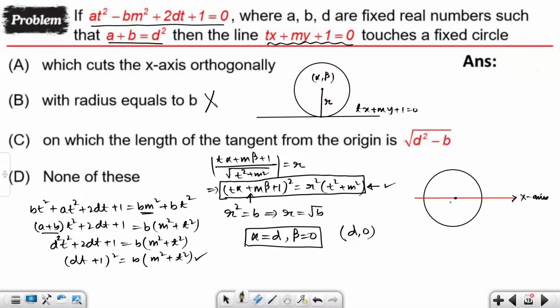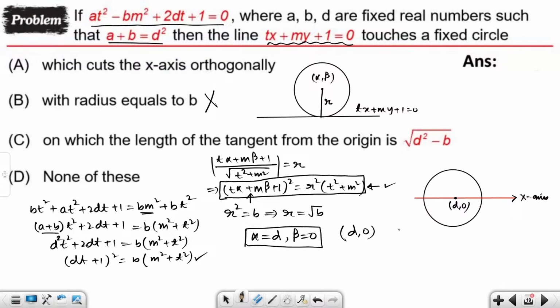Now, one thing you must remember here, again, if possible, make a note that whenever a line is passing through the center, that is any normal, because normal always passes through the center of the circle. So for any normal, we will always say that it cuts the circle orthogonally.